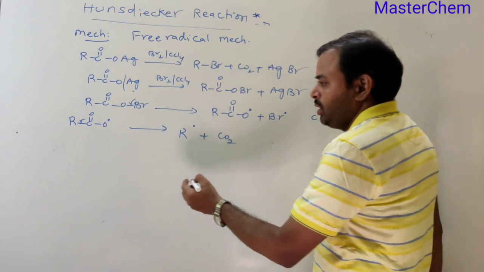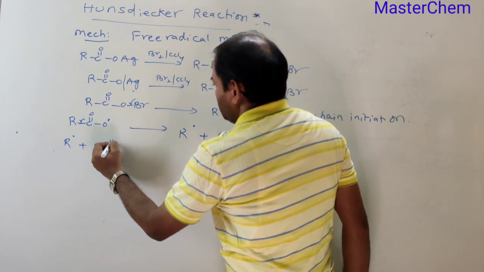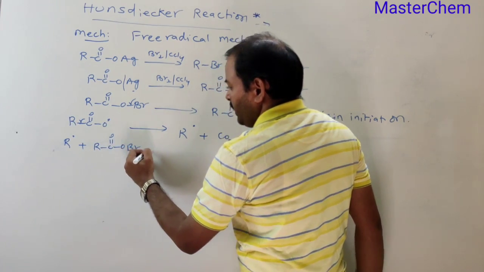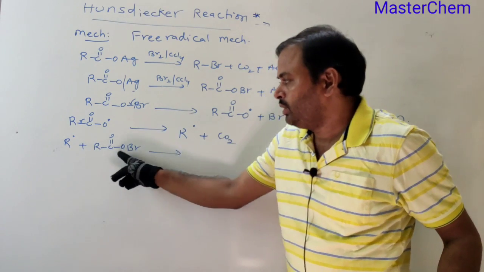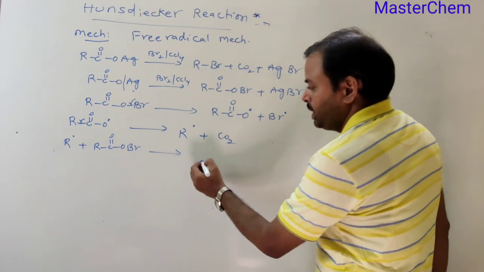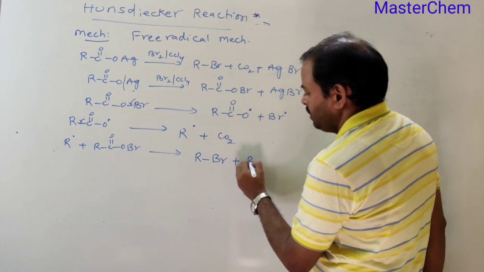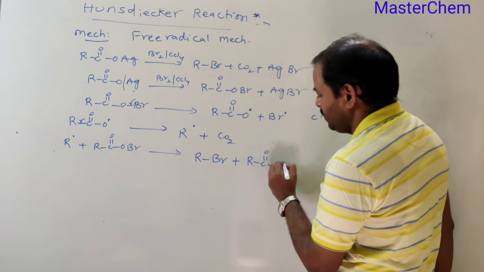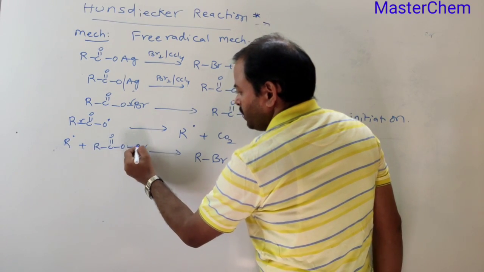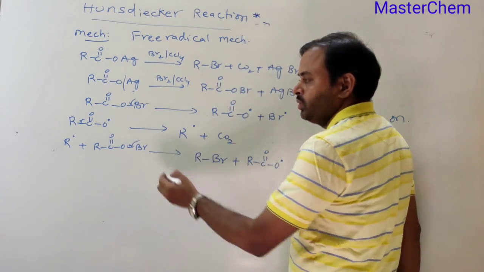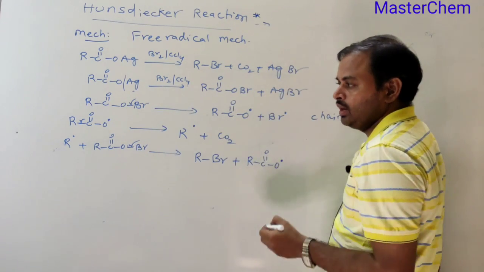Okay, this R radical reacts with RCOOBr again, so it is a continuation of the chain. R radical with RCOOBr, what you will get? RBr plus RCOO radical. Here in RCOOBr, homolytic cleavage takes place, that's why we get free radical and free radical.